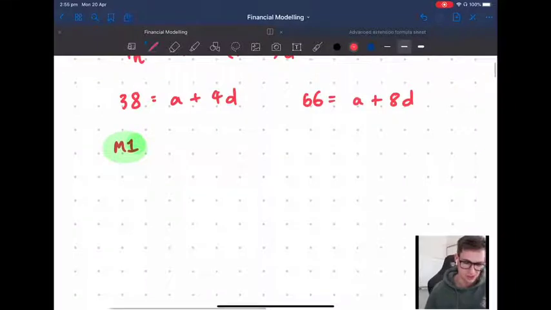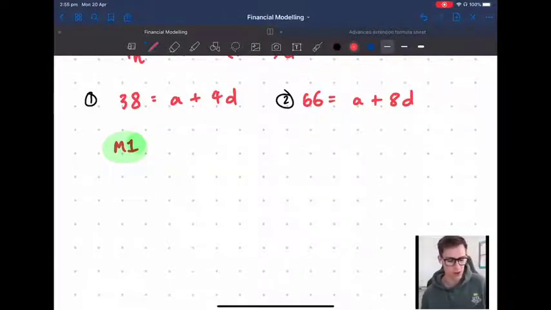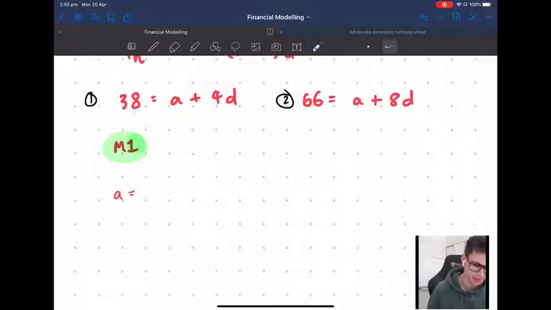So from these two equations, and we can number them now if you like, we'll call this equation 1 and equation 2. From equation 1, I'm going to write it in terms of A. So A equals blah, blah, blah. To do that, all I have to do is leave A, and I need to subtract that 4D across to the other side.